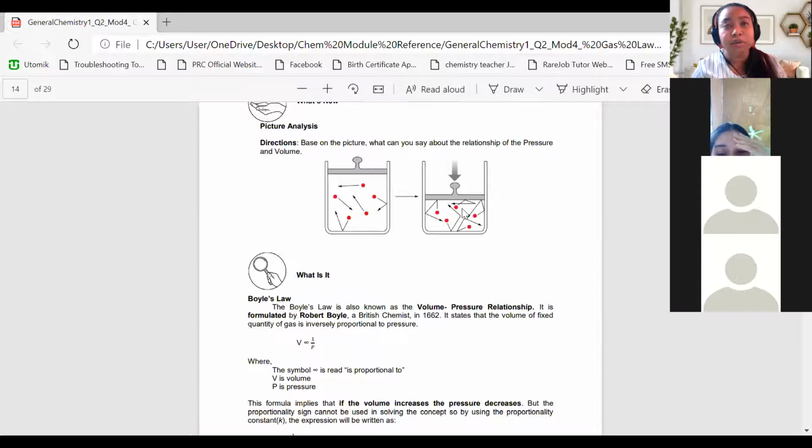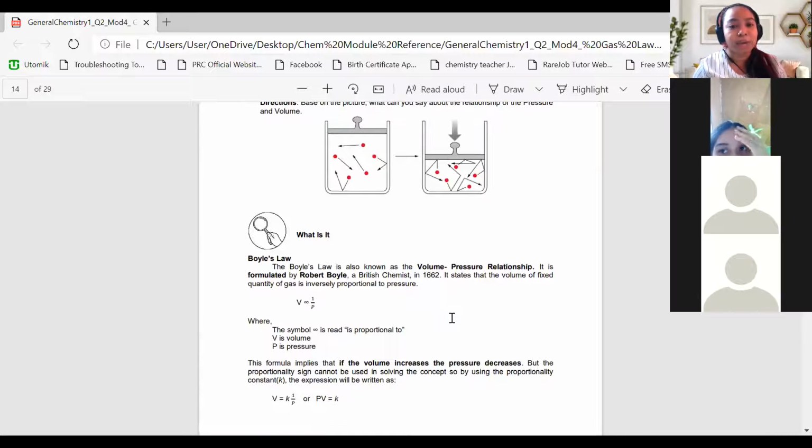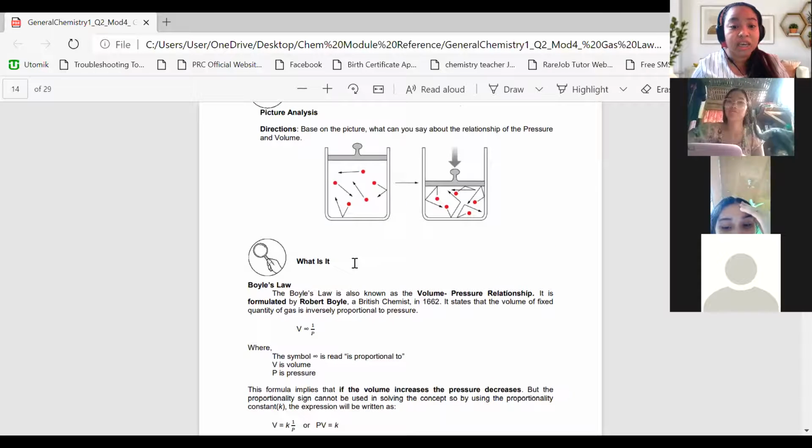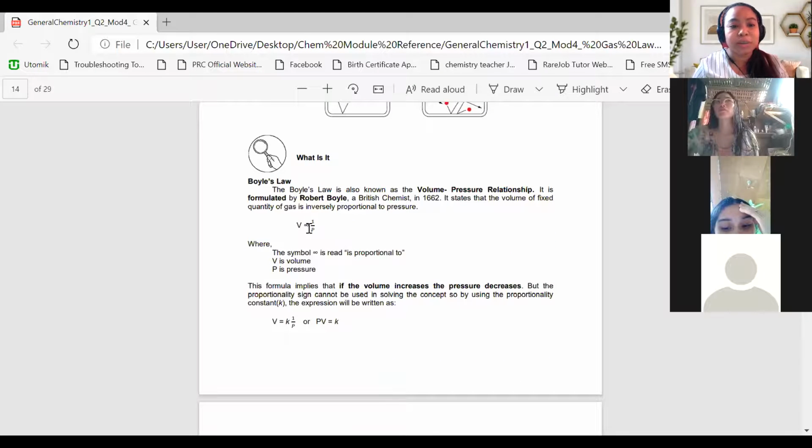So, if the volume decreases, the pressure increases. If the volume increases, the pressure decreases. Mao na siya pasabot sa tawag na inversely proportional. Inversely, baliktad. So, if volume increases, pressure decreases. If pressure increases, volume decreases.